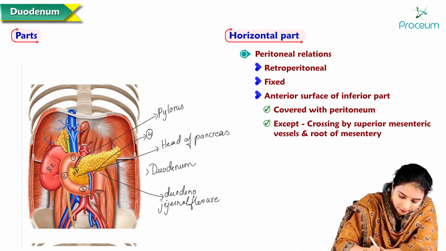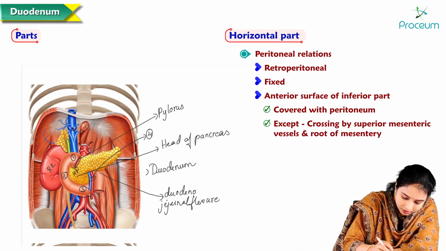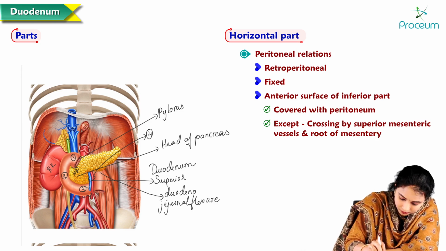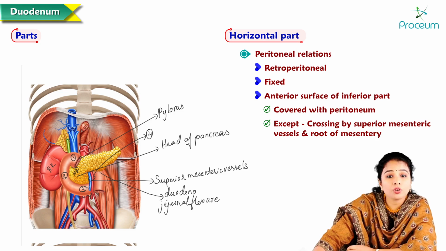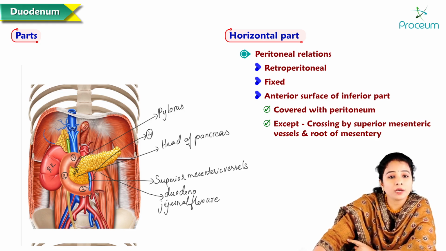So here we can see the superior mesenteric vessels, both vein and artery, and also the root of mesentery. So except those areas, the anterior surface of the inferior part is covered with peritoneum.